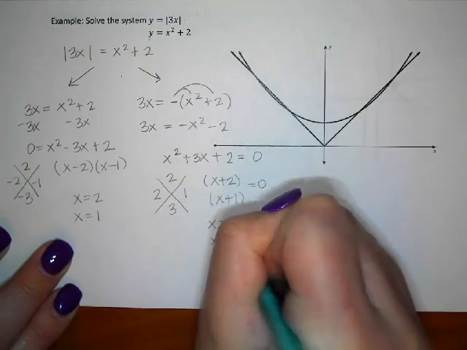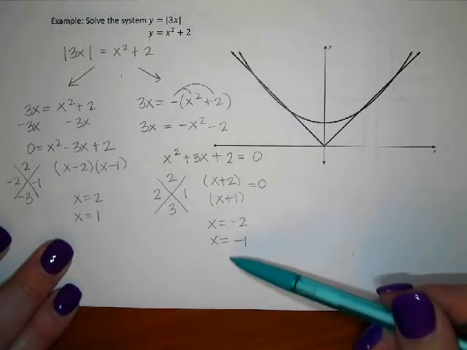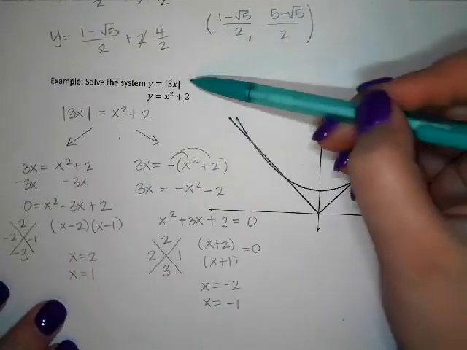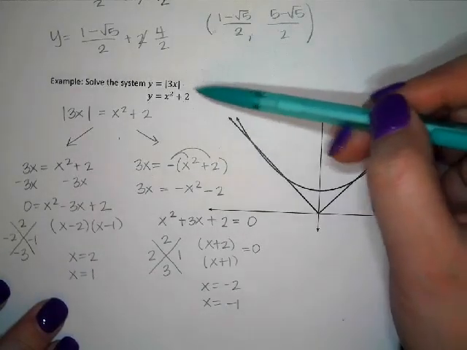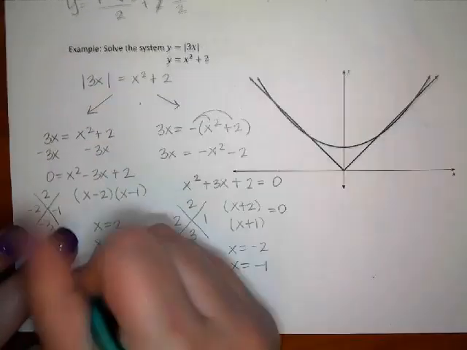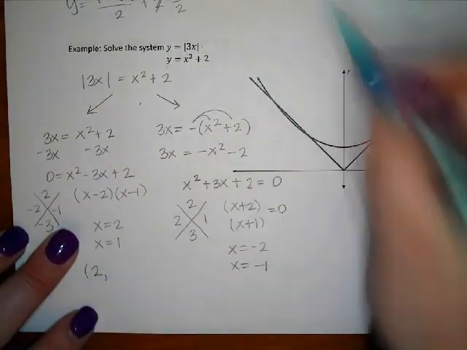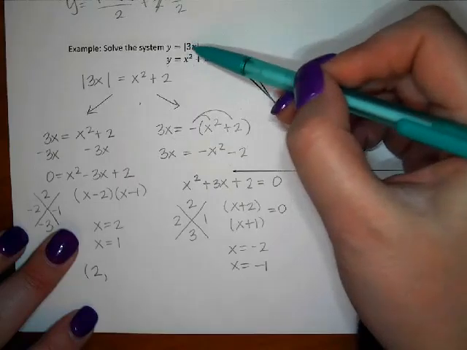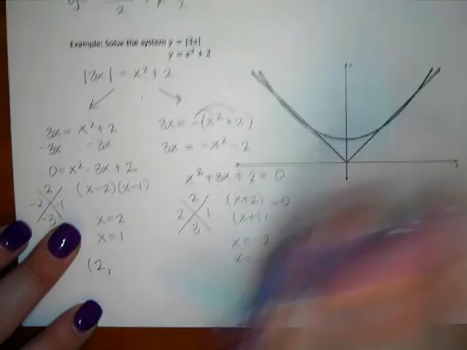So now we just have to take this and write our coordinates. And to find the y coordinate, you can use whichever equation is easiest to plug these values into. So over here, the first x coordinate we have is 2. The absolute value of 3 times 2 is the absolute value of 6. The positive version of 6 is still just 6.